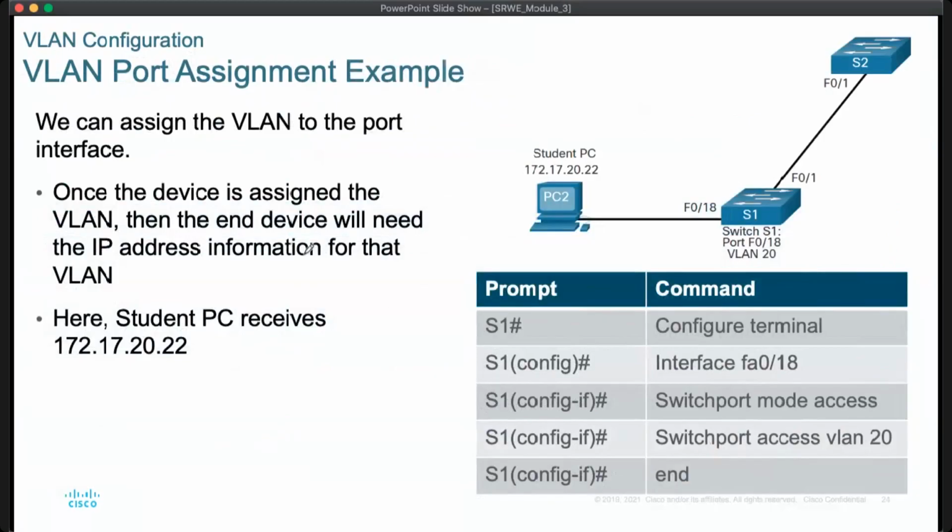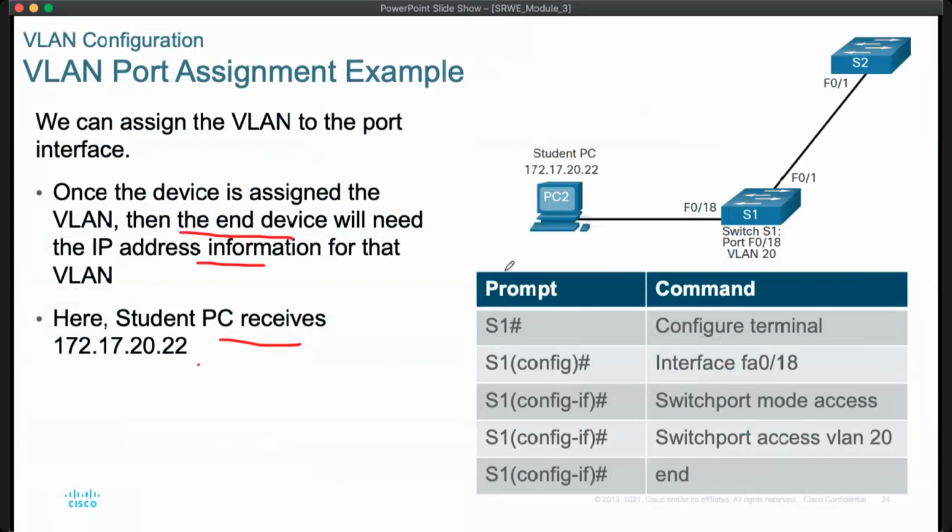Once the device is assigned to the VLAN, the end device will need the IP address information for that VLAN. Here, the student PC receives 172.17.20.22.